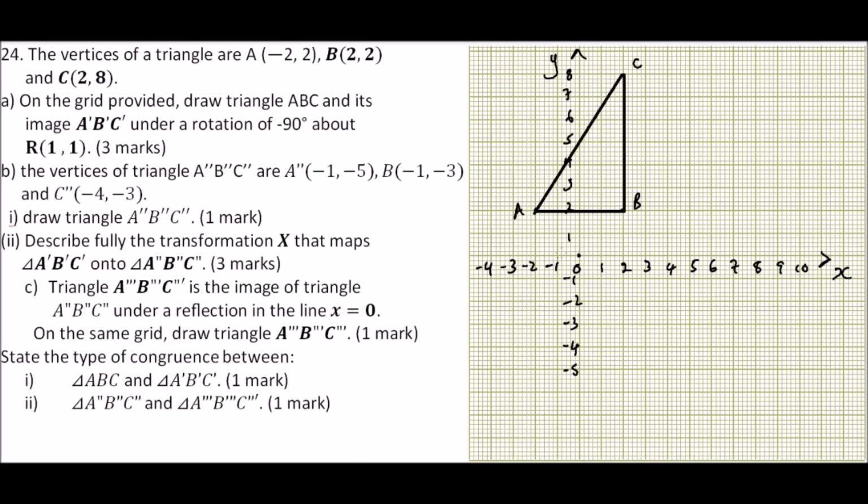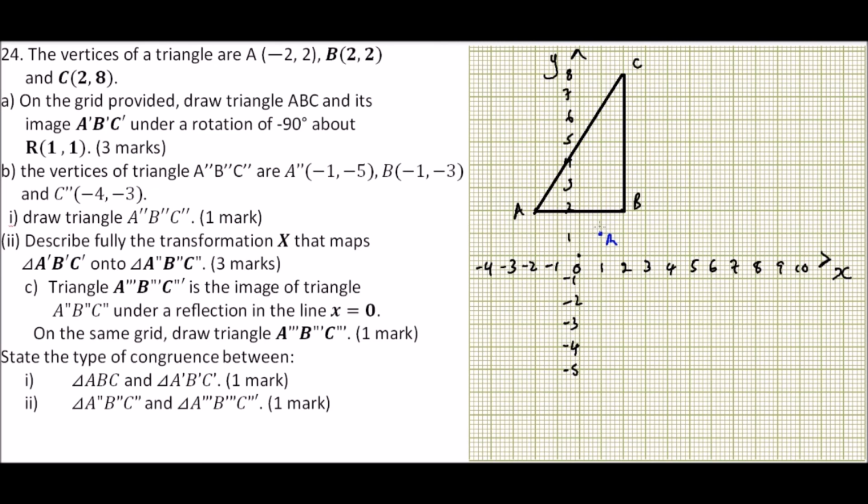The other triangle, we are told the center of rotation is at R, where R is (1, 1). And for us to be able to get that triangle, you can use a set square. You join A to R, then you make an angle of 90. Alternatively, we can get that the negative rotation is a clockwise rotation.